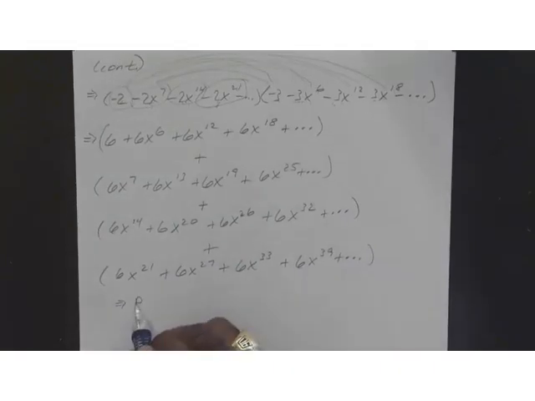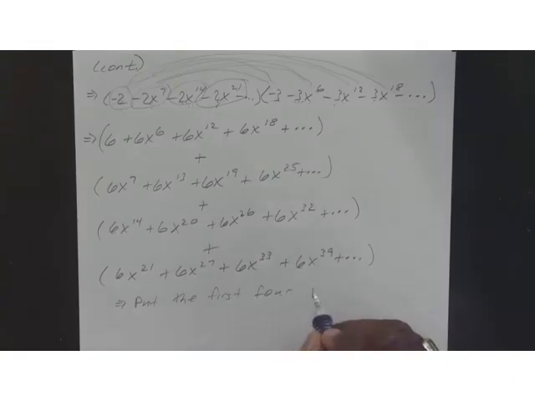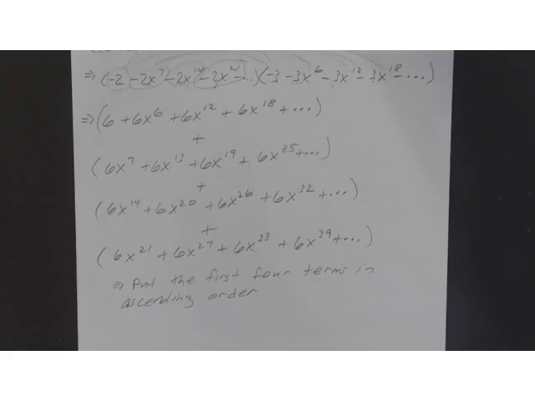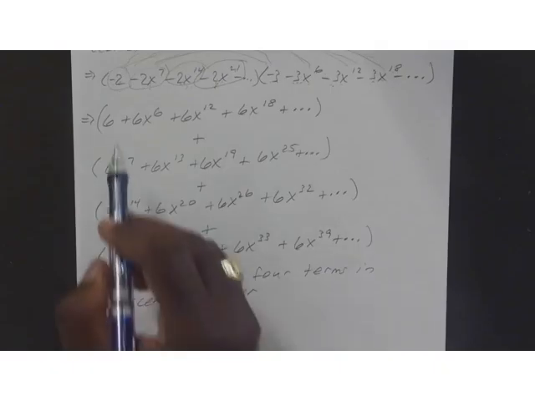So with this one, we'll put the first four terms in ascending order, which means our exponents will get bigger. Okay, so we're looking for the first four terms.